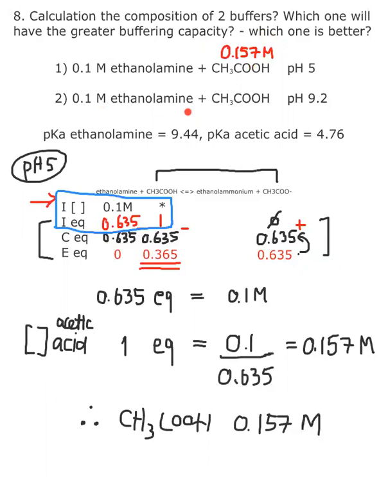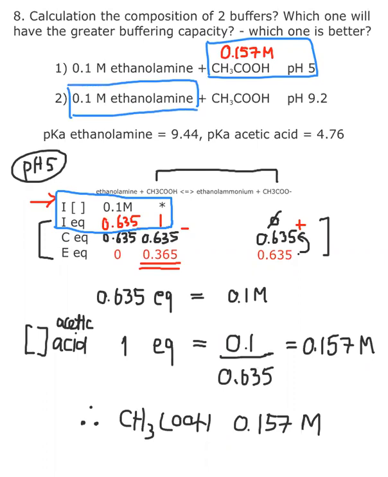and you can choose which one is the better buffer, because since we say that at pH 5, the one that works would be the acetic acid. So the concentration or the molarity of acetic acid is 0.157 molar. But at pH 9.2, the one that will work will be the ethanolamine.